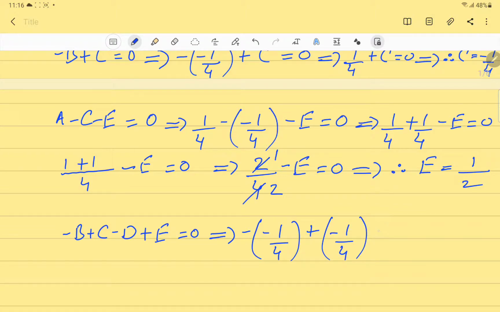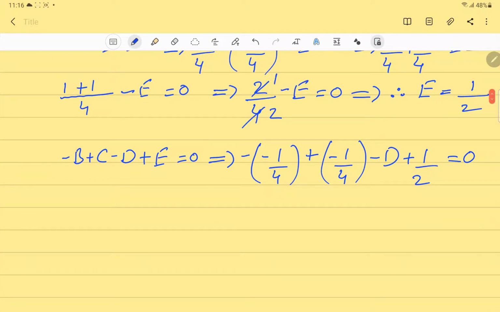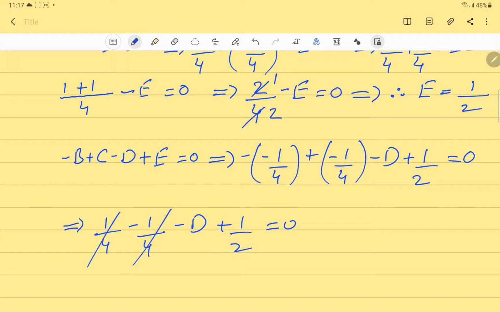And d we don't have until now. e is equal to 1 over 2, is equal to 0. Let's simplify this. Minus into minus 1 over 4 is plus 1 over 4. Then minus into plus into minus is minus. Minus d plus 1 over 2 is equal to 0. This cancels with this, which means our d is equal to 1 over 2.